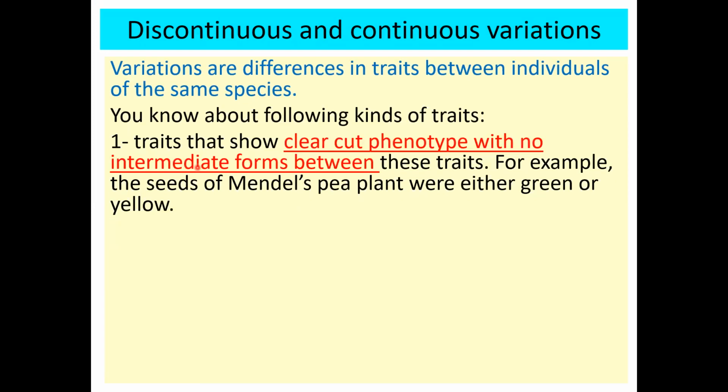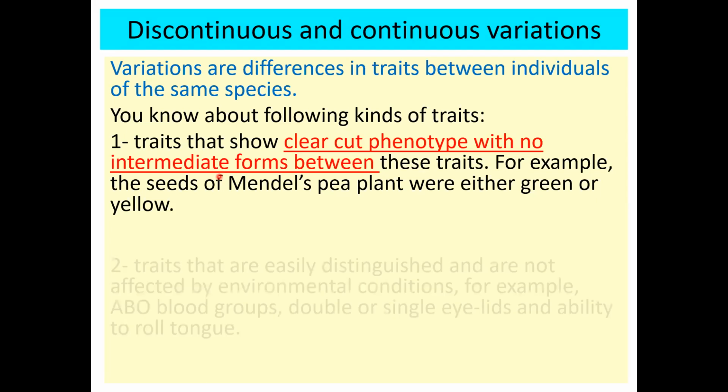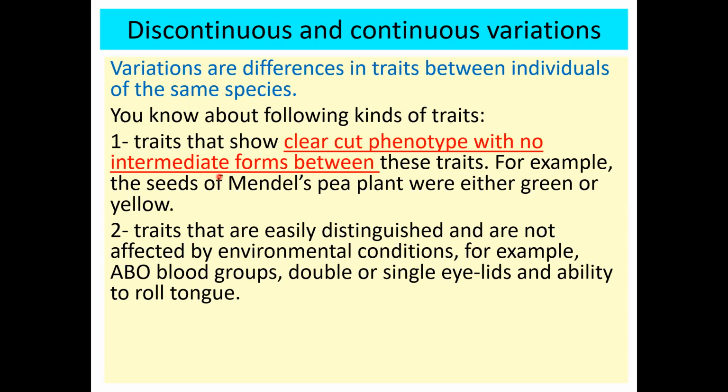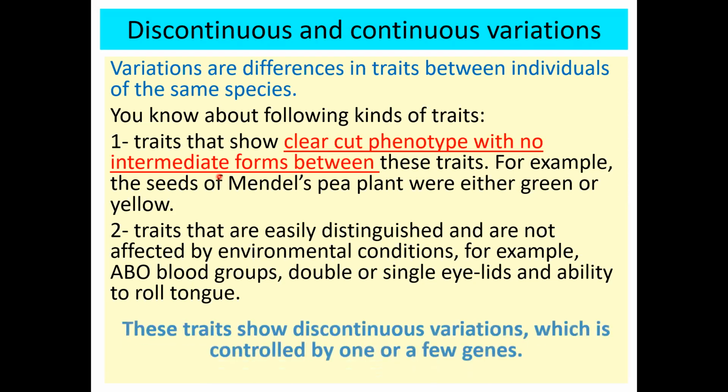If there is a clear-cut phenotype with no intermediate between, like my blood group is A, or it can be B, it can be AB, or it can be O, such type of variation is known as the discontinuous variation.